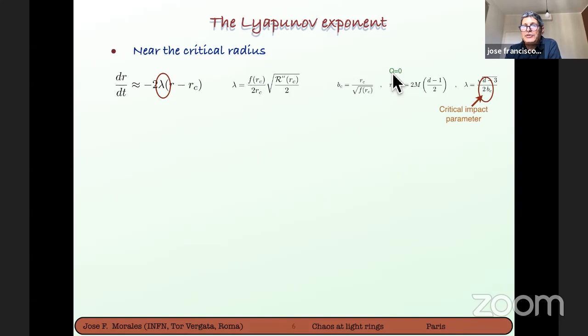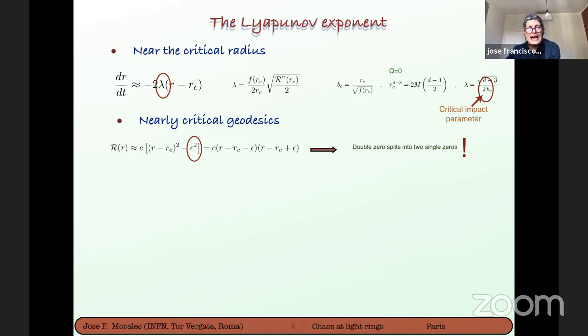For example, if you take just charge equal to 0, you can see that the radius does not depend on the AdS size, and is given by this simple formula. For Schwarzschild, this is just 3M, 3 times the mass. And lambda is roughly the inverse of the critical impact parameter. Therefore, you can also think about lambda as the inverse of the target size of your gravity solutions. Maybe this is a more invariant way of defining lambda.